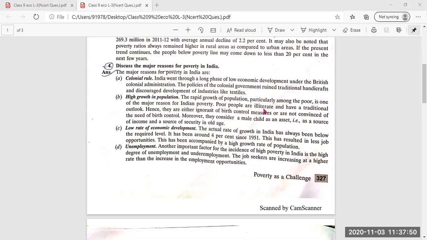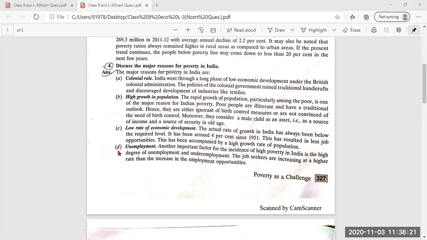They are not getting proper education about all these measures, and are not convinced of the need for birth control also. They don't want to control the birth of children, and moreover they consider a male child as an asset. Due to the want of a male child, they help in the growing of the population, and he is seen as a source of income and a source of security in old age.